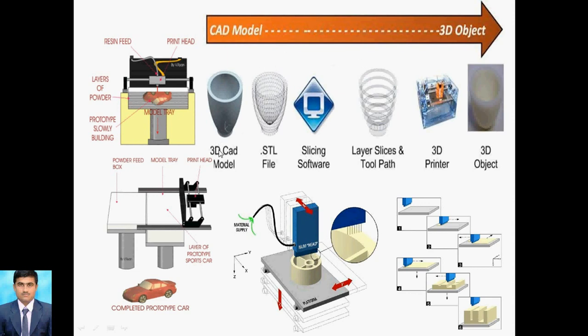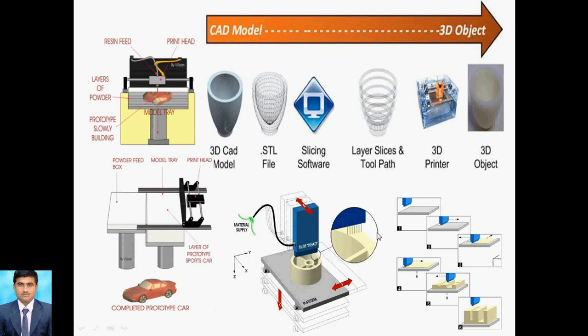So first of all, we form a 3D CAD model, and we have to convert it into an .stl file. Then using slicing software, we convert it into the required format. After slicing and generating a toolpath, we feed it into the 3D printer, and it forms a 3D object. So this is the completed prototype car.